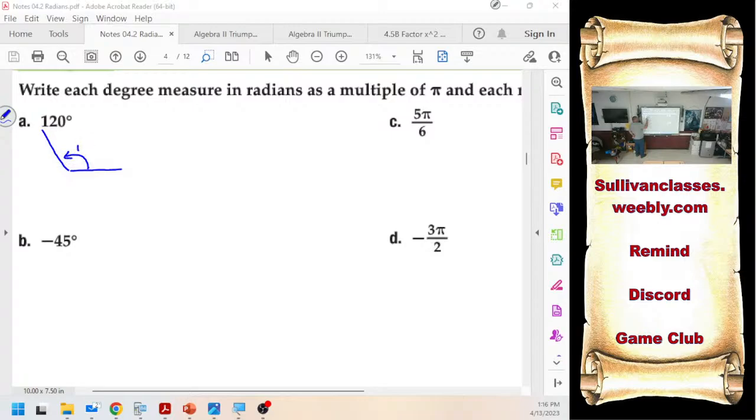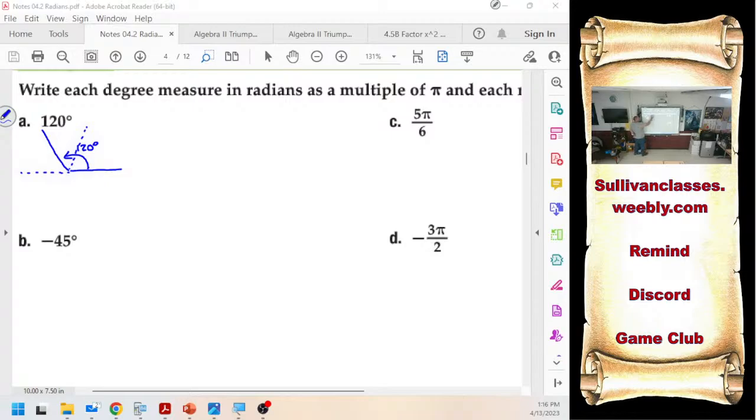This is 120 degrees. So think about how much of the way to pi are you? 3/4. Not quite. 2/3. Right? 1/3, 2/3, 3/3, 60, 120, 180.